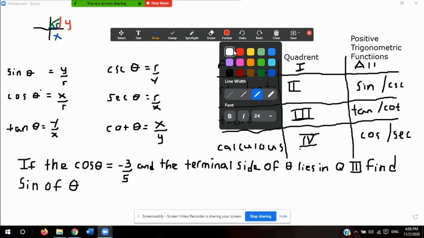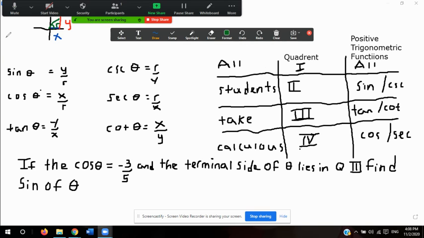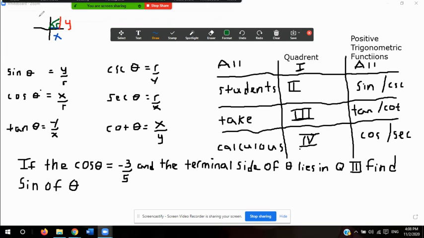And the hypotenuse of the triangle, we labeled it as r. So our horizontal we called x, our vertical we called y, and the distance from the origin to the ordered pair, the hypotenuse, we called r.